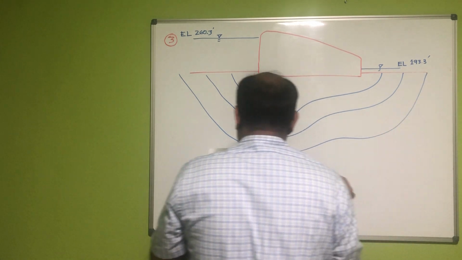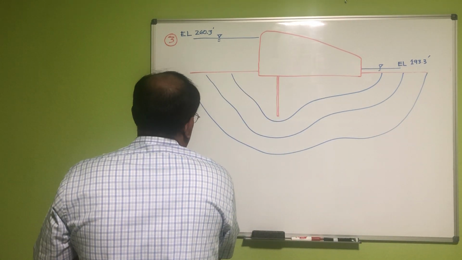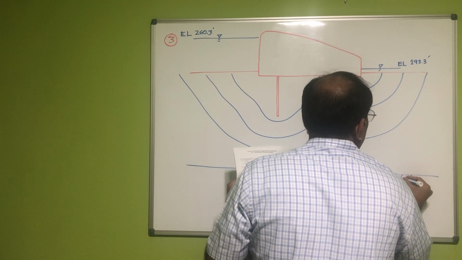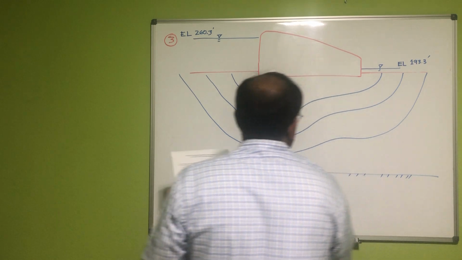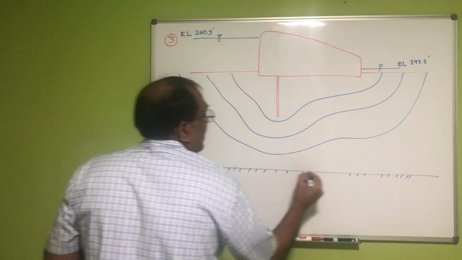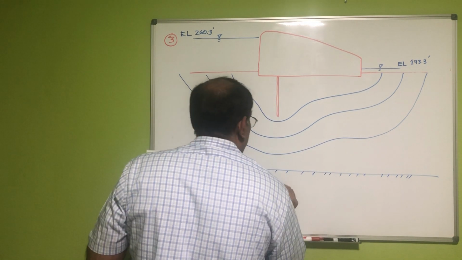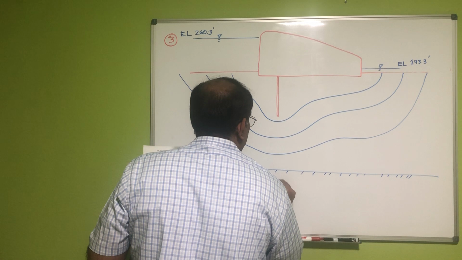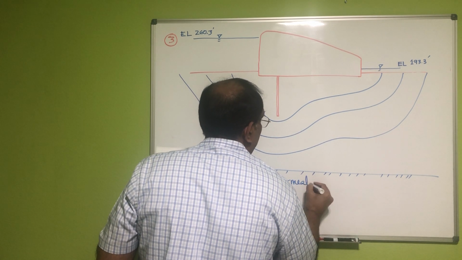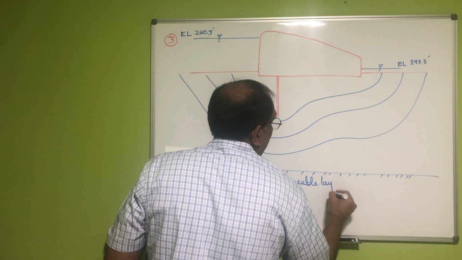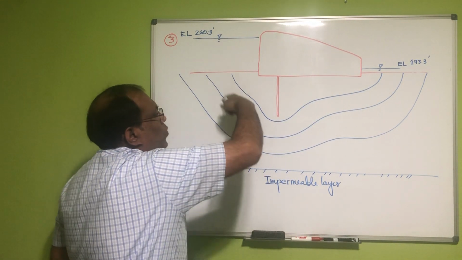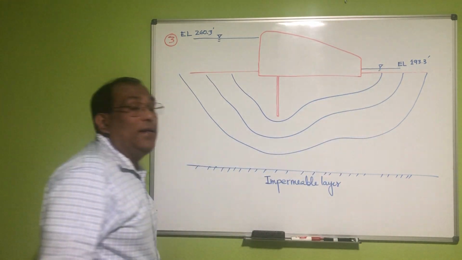And here, this is the impermeable layer. Since the head here is lower than this one, water will try to go like this.